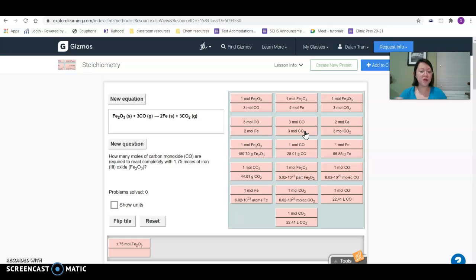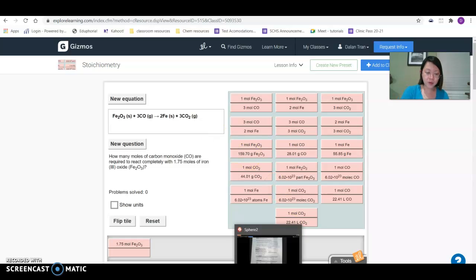And that's going to launch our gizmo simulation. And lo and behold, we've got our equation that we're wanting to show here. So we're good there. If it's not showing, please make sure to click the new equation button until you have the same equation that I have here.